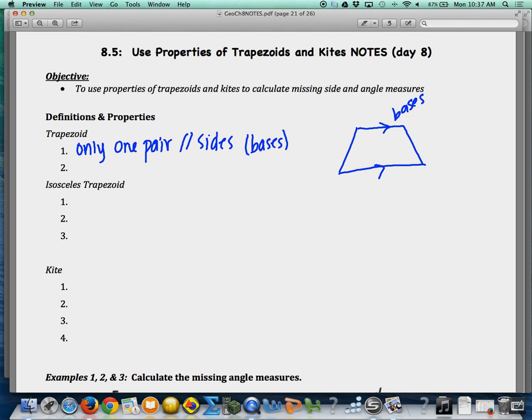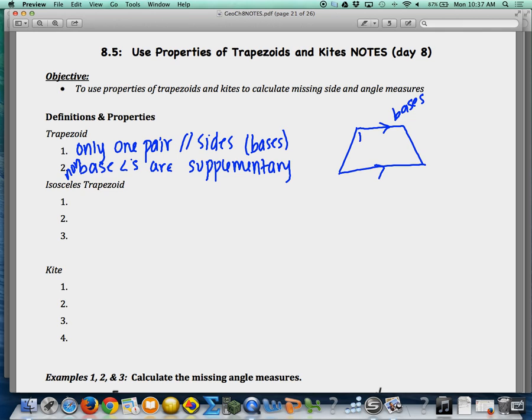Okay, besides having one pair of parallel sides, you also know that the non-base angles are supplementary. Okay, what I mean by non-base, I mean the angles that are not on the same base.